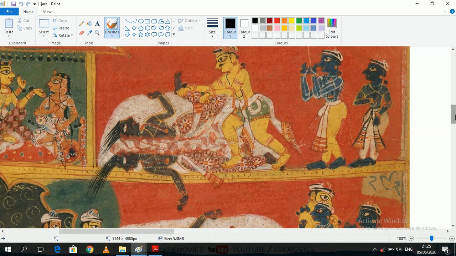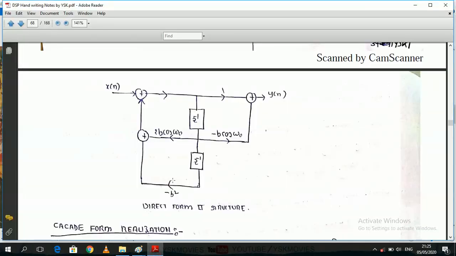Even though he separated the body into two equal parts, Jarasandhu would not die. But at last, by the guidance of Sri Krishna, he gave the idea to separate the two parts but put the left side body towards the right side and the right side body towards the left side, so that he would die. The same thing happens in our direct form 2 structure also.